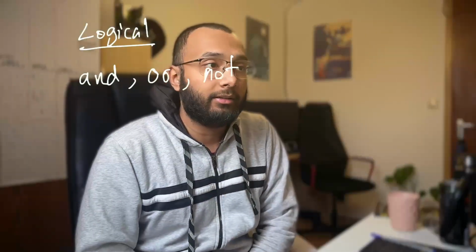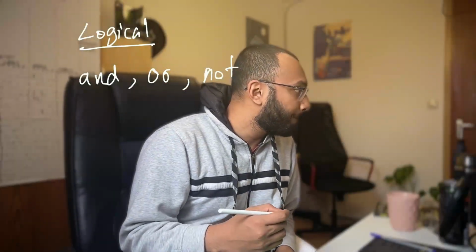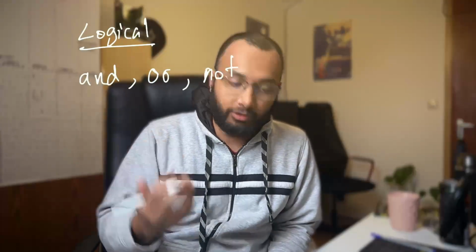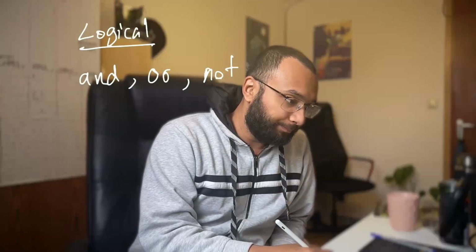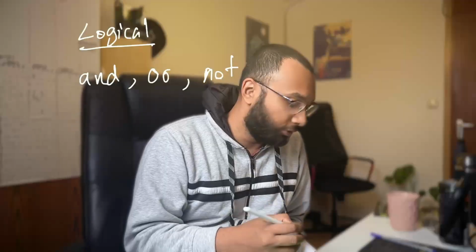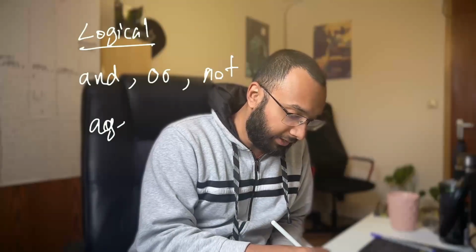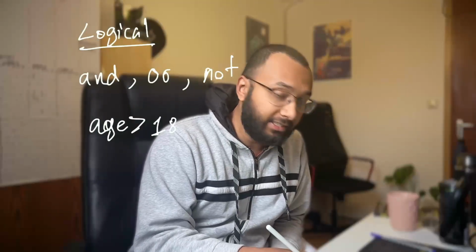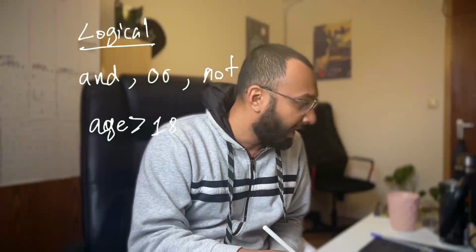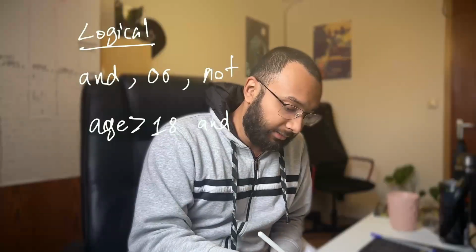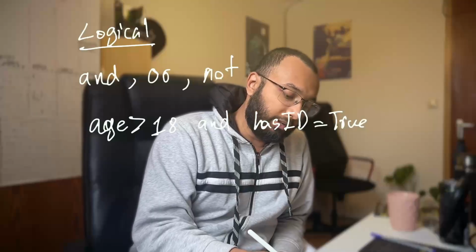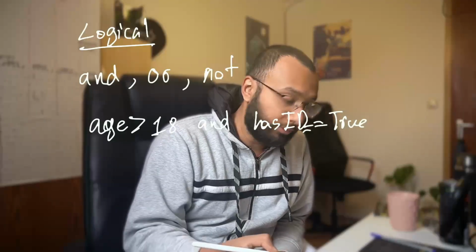The AND means that we are comparing two different conditions together, and both of the conditions have to be true. Let's go with the example that I have in my notes: the value in the variable age has to be greater than 18, and has ID must be equal to true.